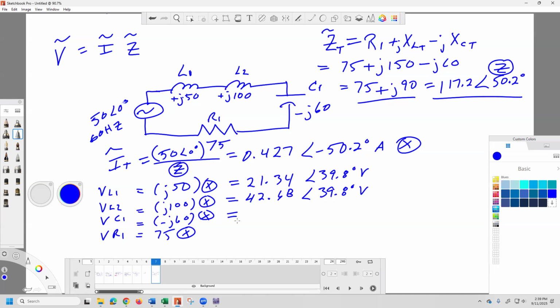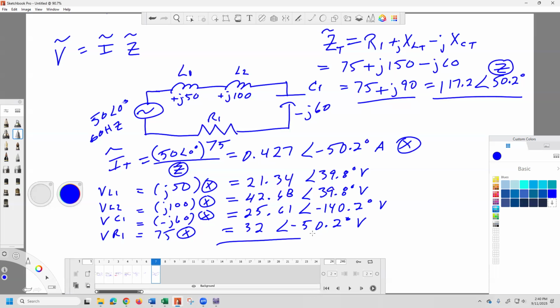Minus 60I times X: 25.61 angle minus 140.2 degrees volts. Last but not least, 75 times X: 32 angle minus 50.2 degrees volts.